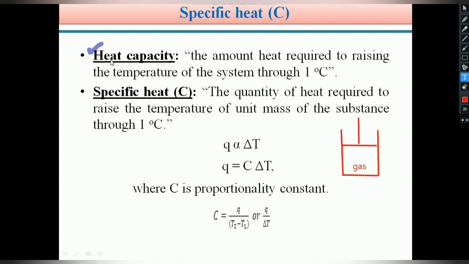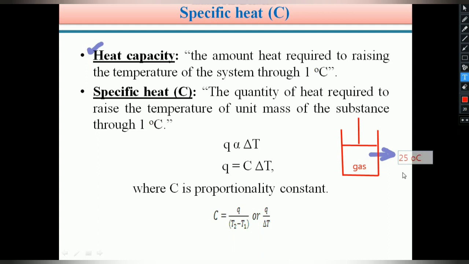So how we define heat capacity is that heat capacity is the amount of heat required to raise the temperature of the system through 1 degree centigrade. For example, students, initially the temperature of the system, for example the gas, is 25 degrees centigrade.